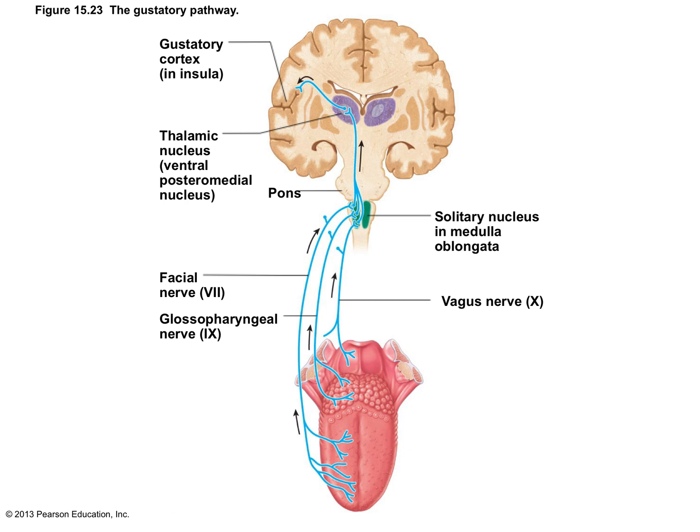All right, so finally, we have just these nervous areas going from the tongue up to the brain. There is one location that is definitely important at the level of the medulla. It's called the solitary nucleus, the SN.